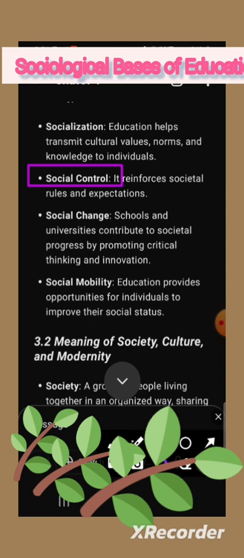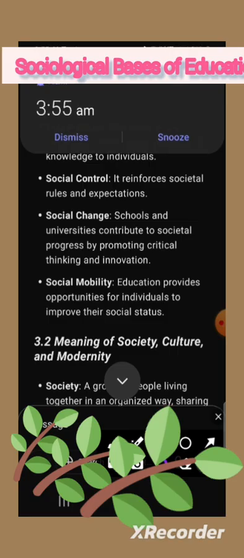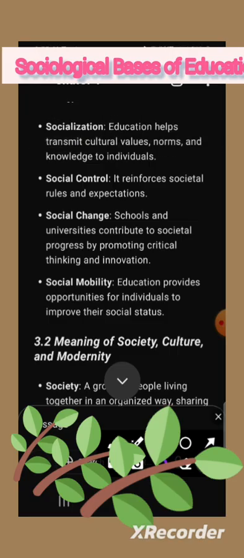Schools act as agencies of social control, ensuring individuals develop behaviors that align with societal expectations. So, social control reinforces societal rules and expectations.